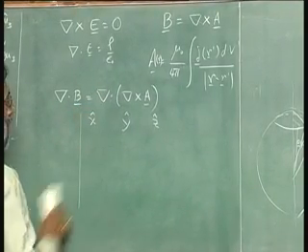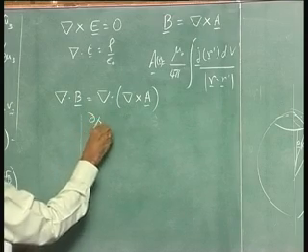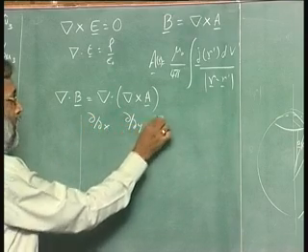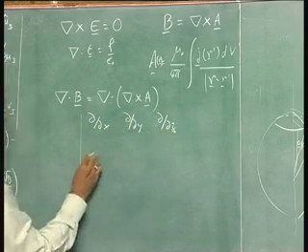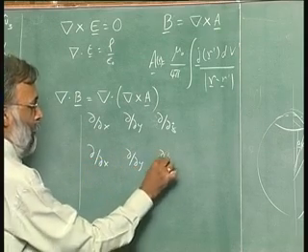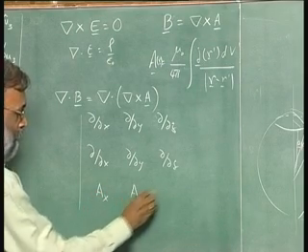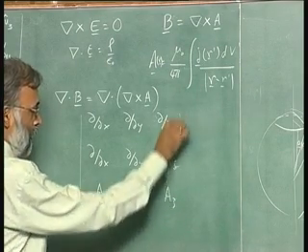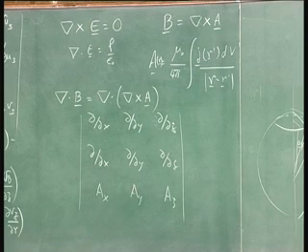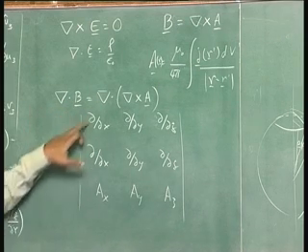So, the x hat, y hat, z hat gets replaced by del del x, del del y, del del z. This is what you get. It is the determinant of a matrix with two identical rows.